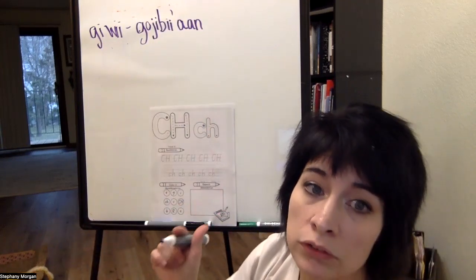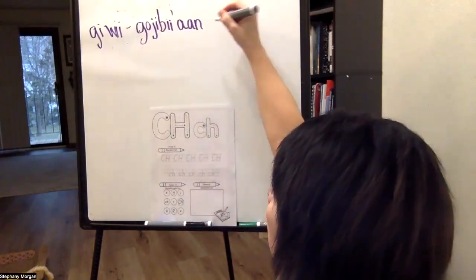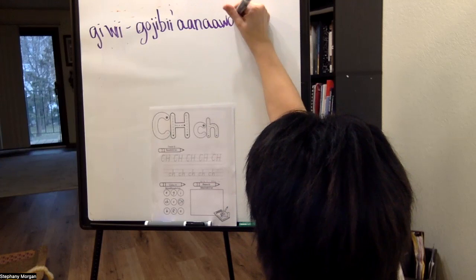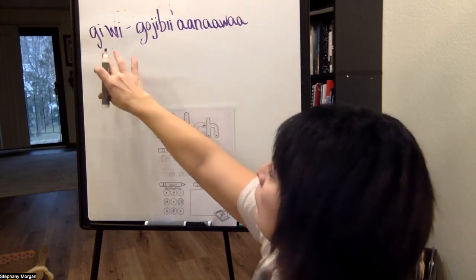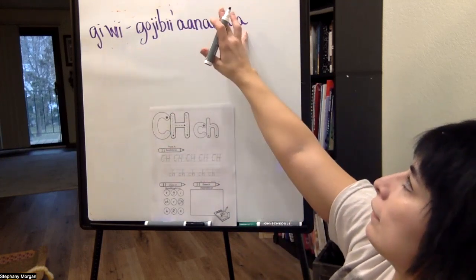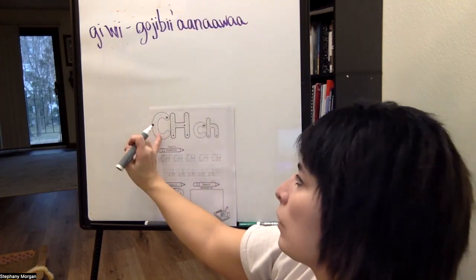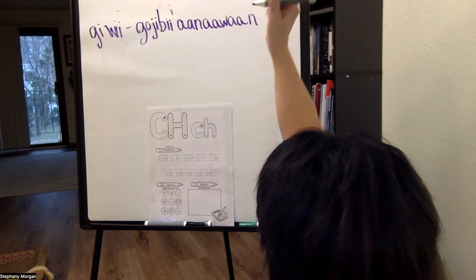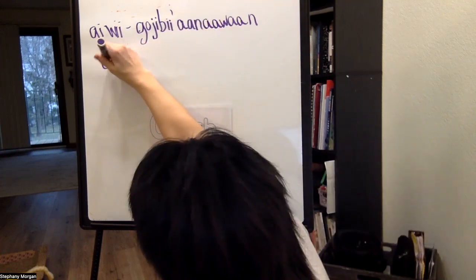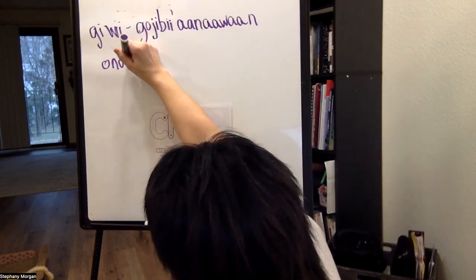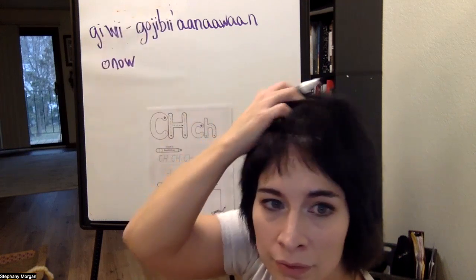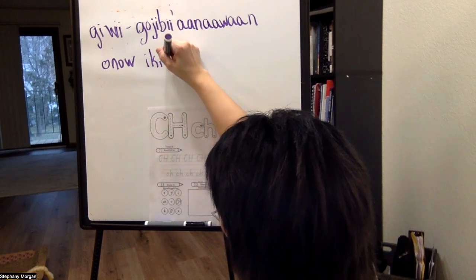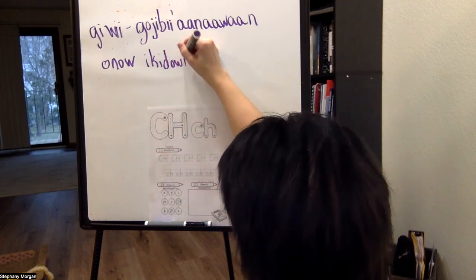So giwi Ojibwemowin wa. This is yous will practice writing it. But since they're practicing writing more than one it, we need the plural n on there. And we say oh no, for these, oh no, these. Ikidowin.